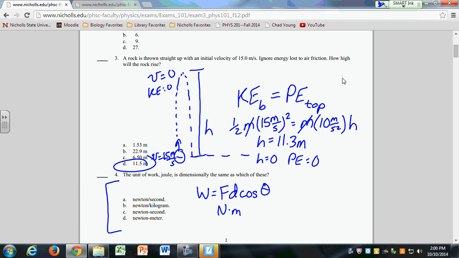And then I could also ask you a question, I did this in class, what are the basic SI units? Newtons is mass times acceleration, that's kilograms meters per second squared, times meters. So the basic SI units are kilograms meters squared per second squared. You'll start seeing questions like that cropping up on tests to come this semester, of which we have 2 more and a final, so lots more time to do well.